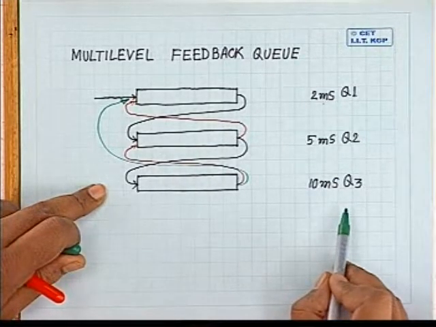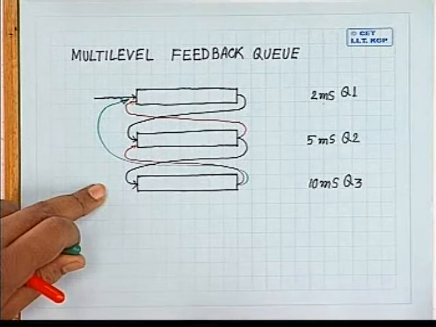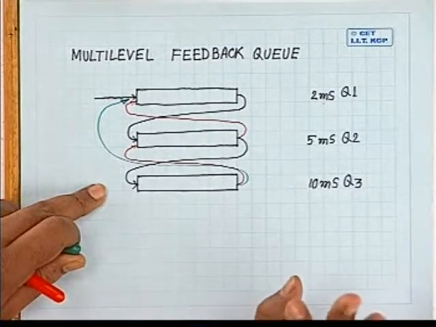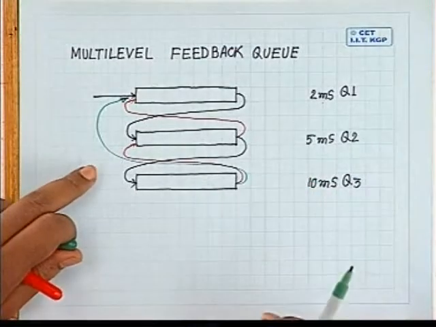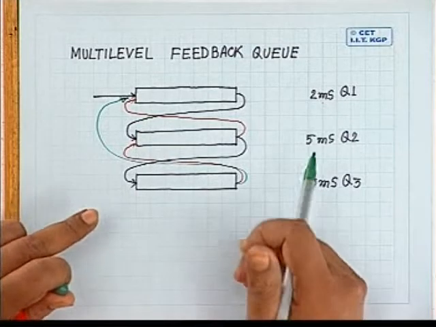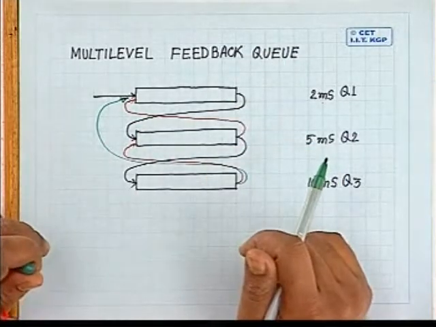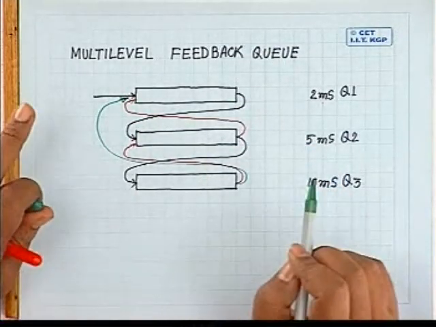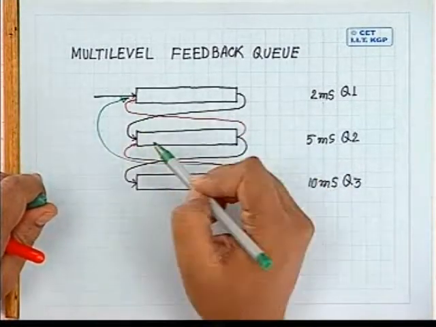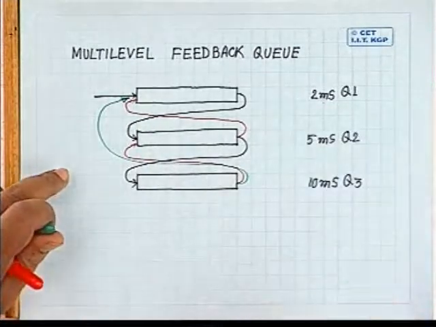If I determine that it has completed a CPU burst whose duration was less than 5 milliseconds but greater than 2 milliseconds, I'll put it in queue number 2. So I can place it in the appropriate location, but I have to have some extra processing for that. That is the reason this feedback connection is normally not used. Only what we have is feed forward.